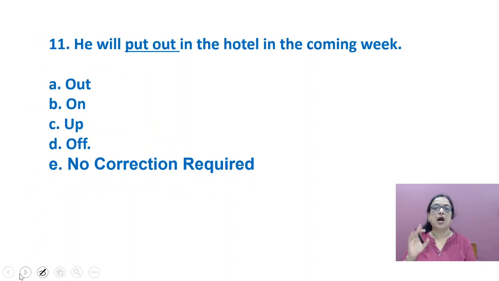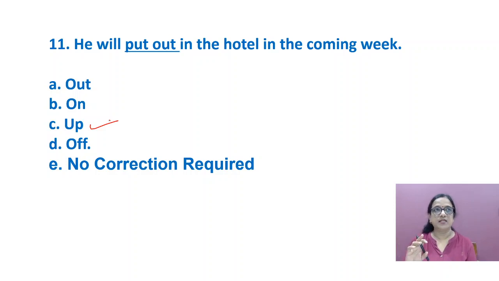So the next one you see. He will put out in the hotel in the coming week. So put out means what? To extinguish. You put out the fire. So put out cannot be. It will be put up. Now learners, I have discussed in my previous session also about the correct uses of the phrasal verbs.